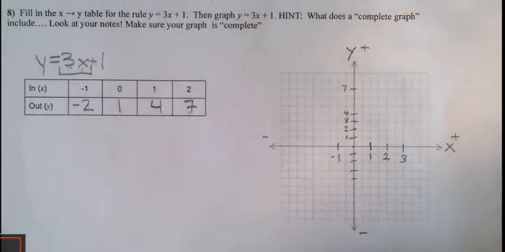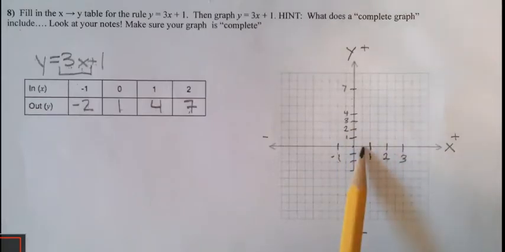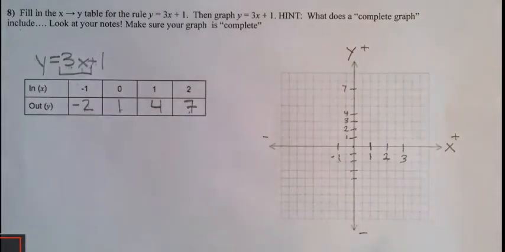So I don't really need to label that. You just have to make sure that the person looking at your graph knows what's happening, okay? Each one of these lines is 1 unit. Here, each one of these lines is a half a unit, right? So 1, 2, 3. You just have to make sure that the person reading your graph knows.